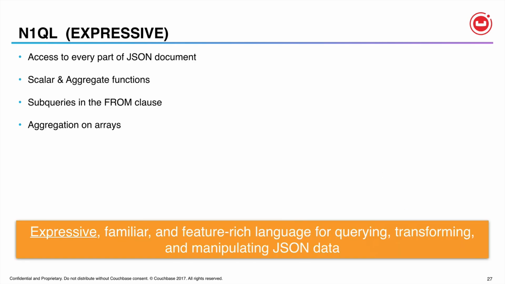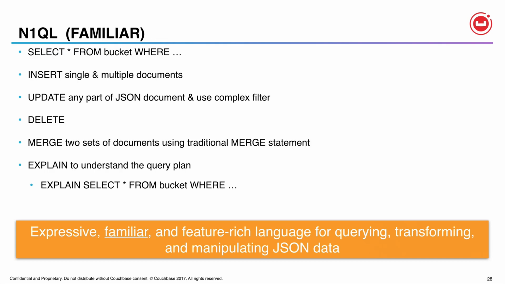Nickel is expressive, so you can query every part of those JSON documents. You can use aggregation on arrays, you can do subqueries, you can do a lot of cool stuff. Like I said, it's very familiar if you're coming from a SQL background. You have select, you can select properties from documents, you can use the asterisk as a kind of wildcard, you can do inserts and updates in case you didn't want to do bucket.insert, or maybe you didn't want to do a mutate in.